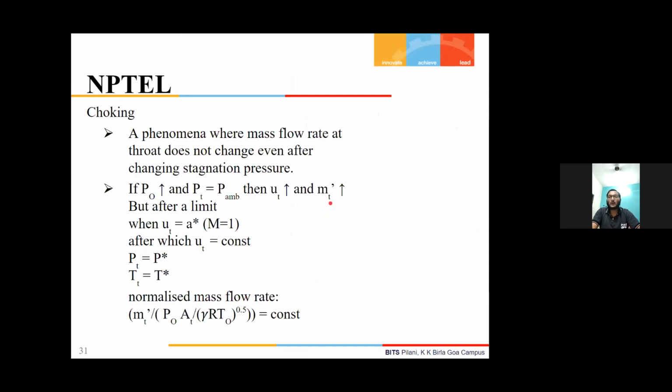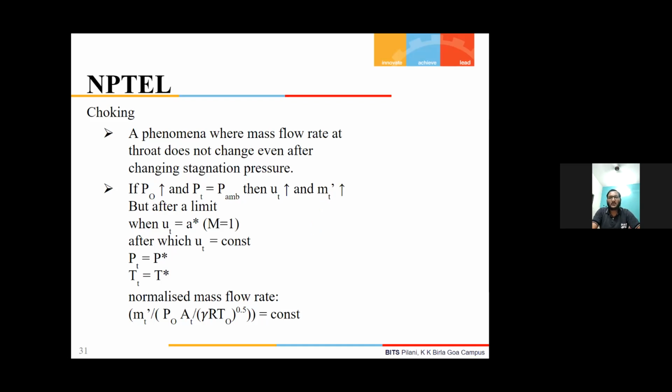Another phenomenon that we studied is choking. It is where the mass flow rate at the throat does not change even after changing the stagnation pressure. When the stagnation pressure increases, the throat pressure of the nozzle equals the ambient pressure, and the throat velocity and the mass flow rate at the throat increase.